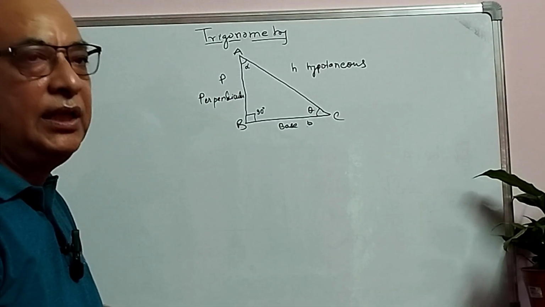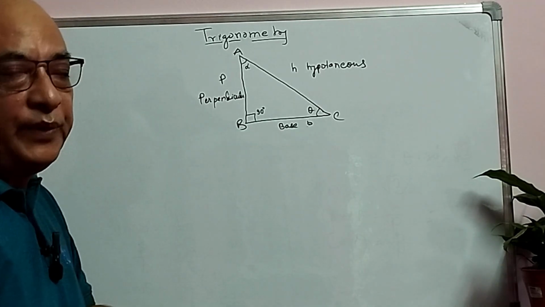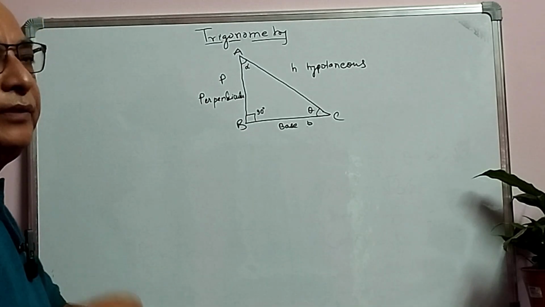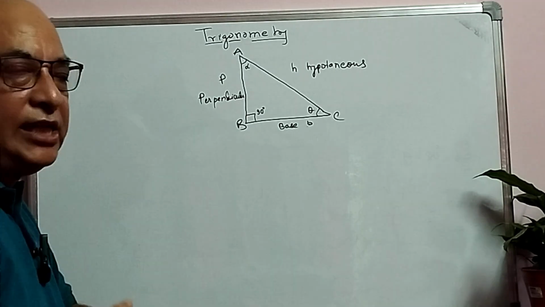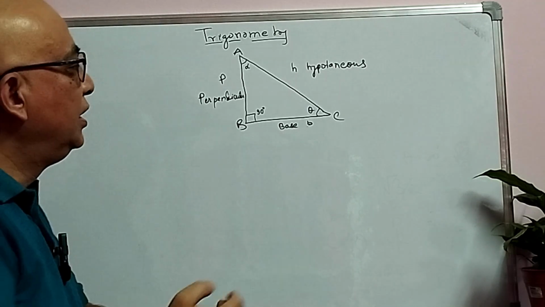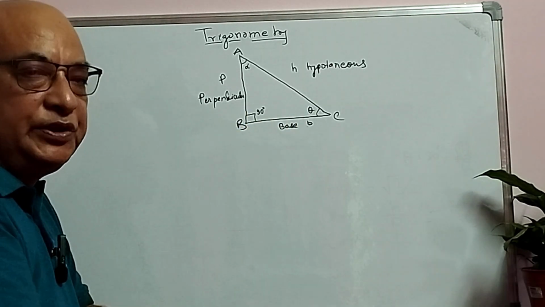This is the very interesting thing about trigonometry or the right angled triangle. The ratio of one side to the other remains the same for any given angle of reference.